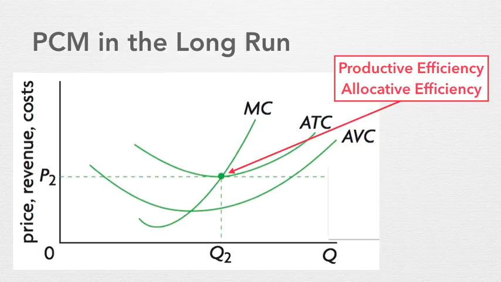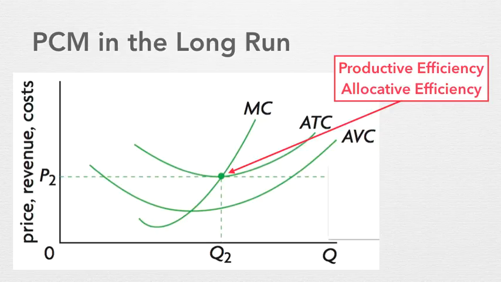The marginal revenue, or P2 curve, intersects the marginal cost curve there at quantity level 2. Quantity level 2 is also where the average total cost is the lowest, which shows us that it's productively efficient. That's where the firm spends the least amount of money to make its product.